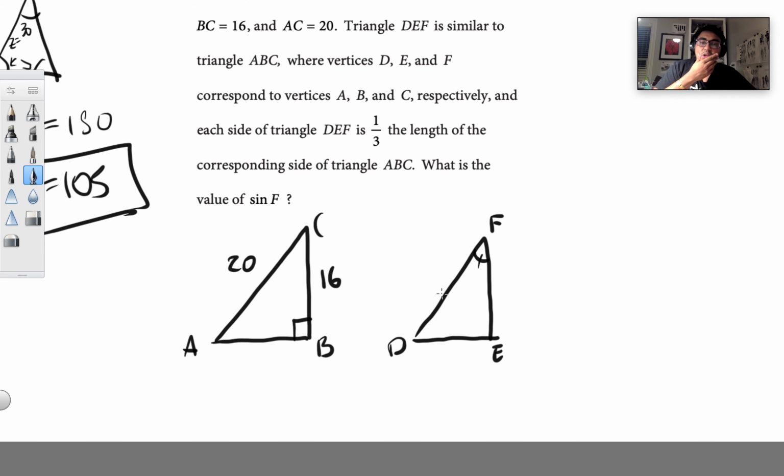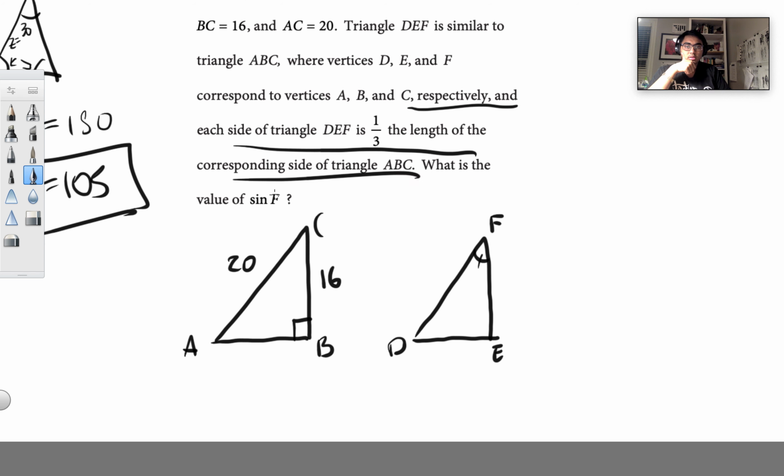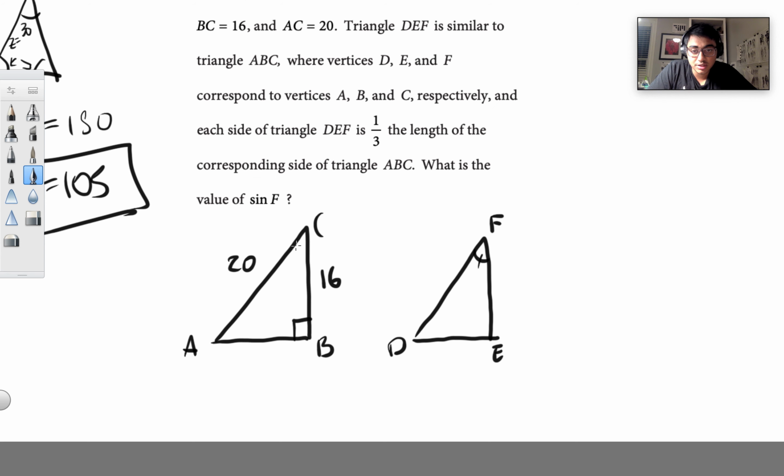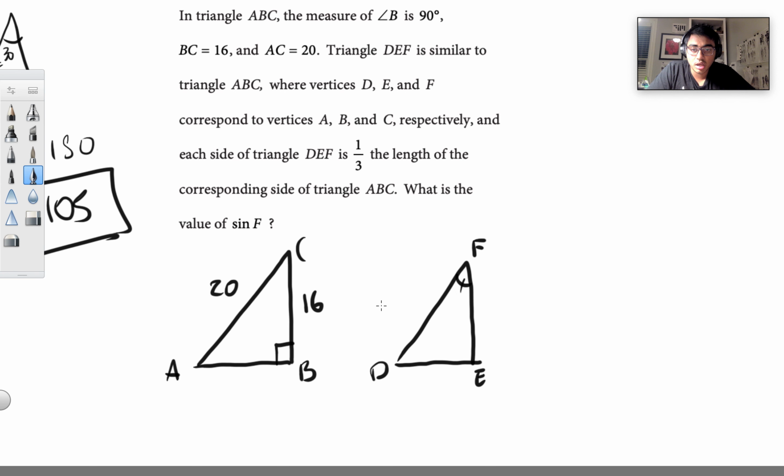Okay, so I would say that they only added the second triangle part to confuse you. They might as well have just asked what's sine C, because that's the same thing as sine F, because trigonometric ratios don't depend on the actual size.